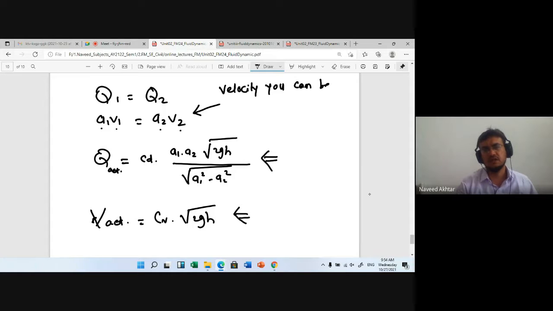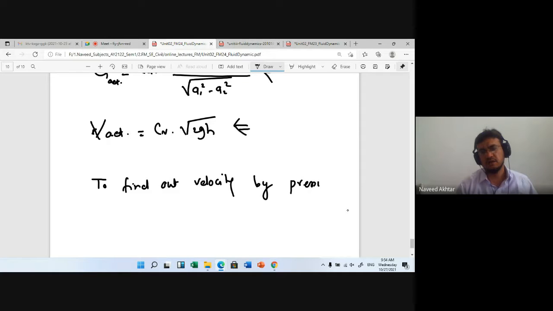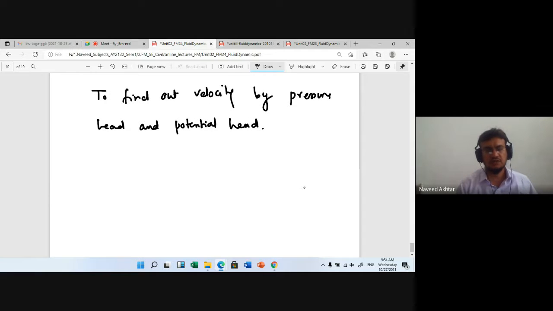And to find out the velocity by knowing the pressure head and potential head, we can use Bernoulli's equation.